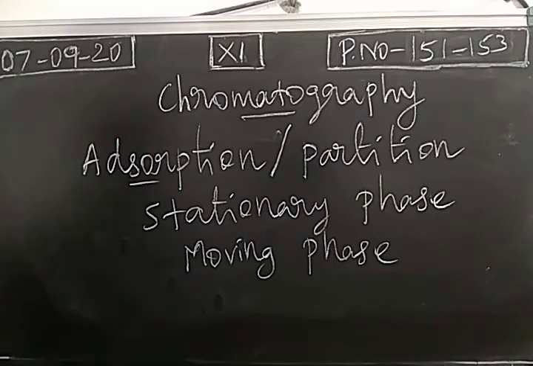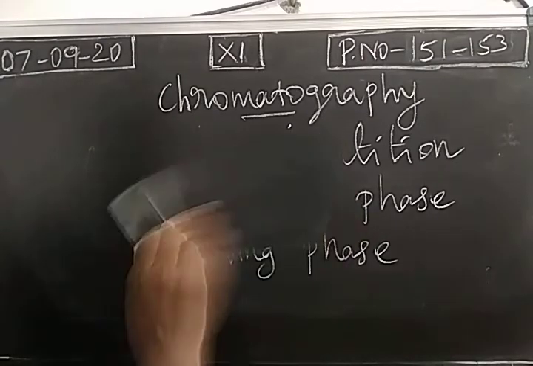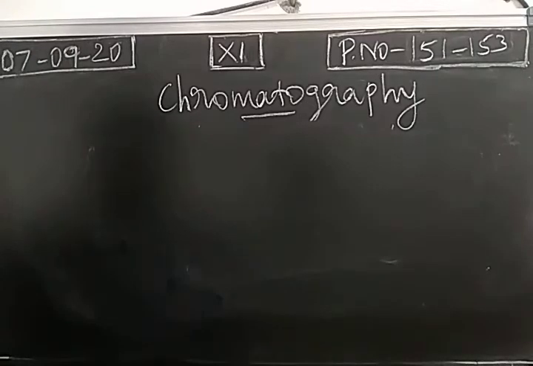The definition is a 2-mark question. Define the term chromatography. Chromatography is defined as the differential movement of the components of a mixture through the stationary phase. Through the stationary phase, the moving phase is separated, which means it may undergo adsorption or partition.